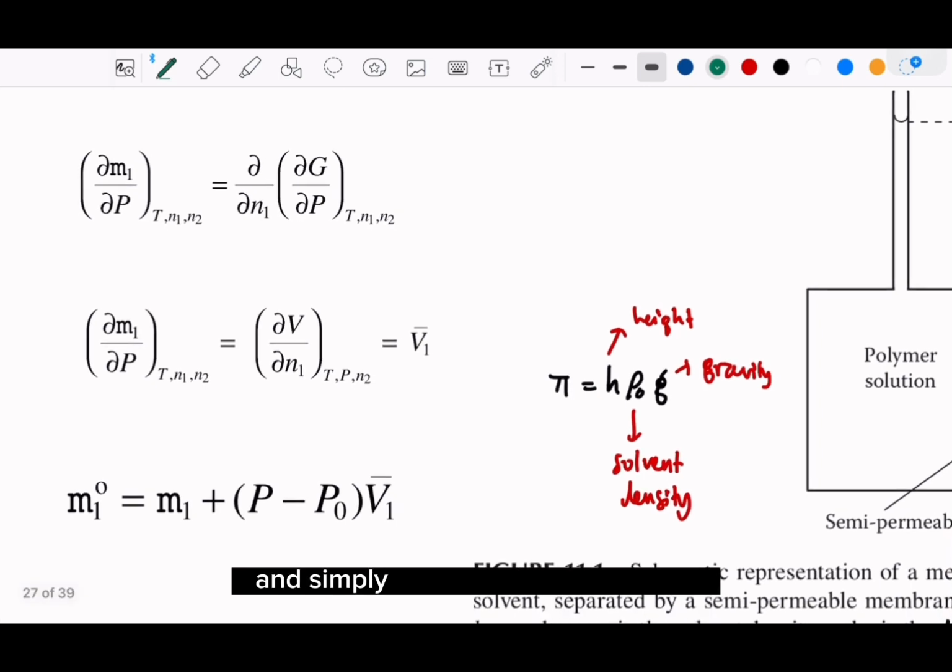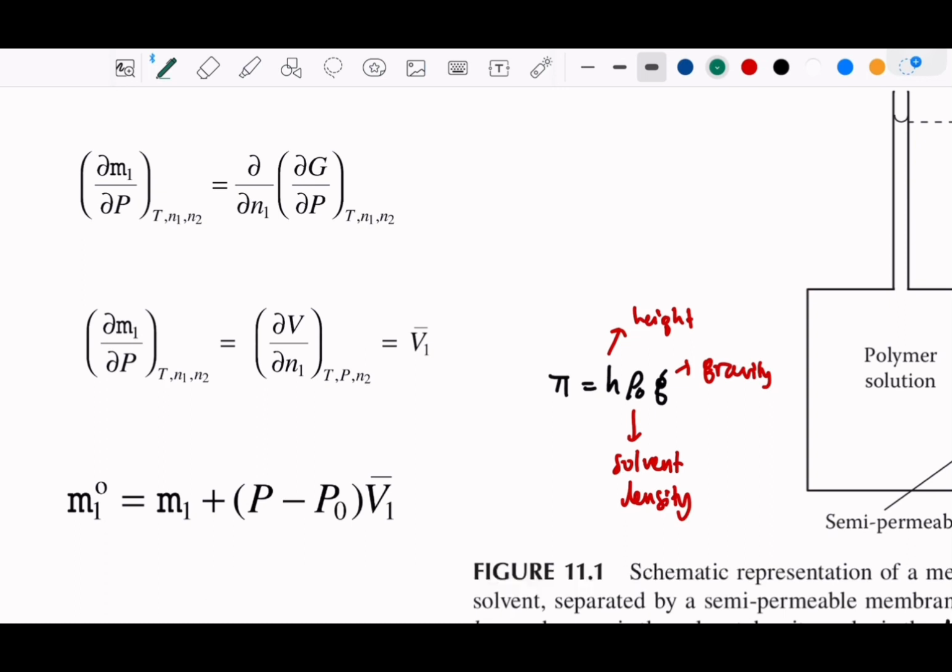And simply, for all the definitions here, the final result is this, which is the pressure difference, and this is the volume. We say the partial derivative of this V with respect to the moles of material 1, or the solvent.